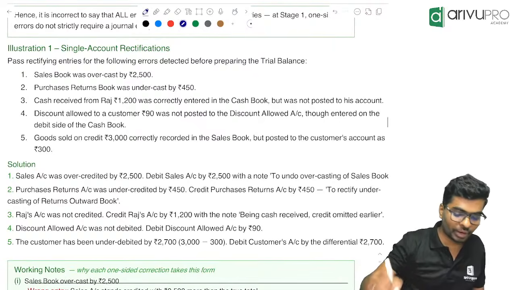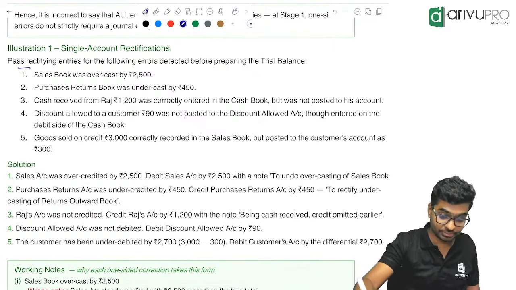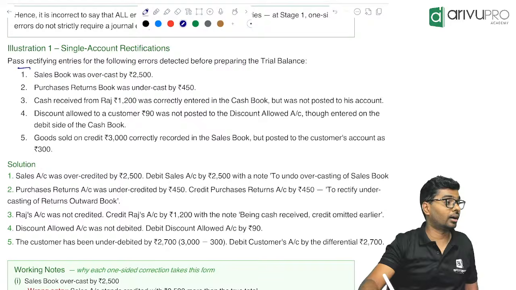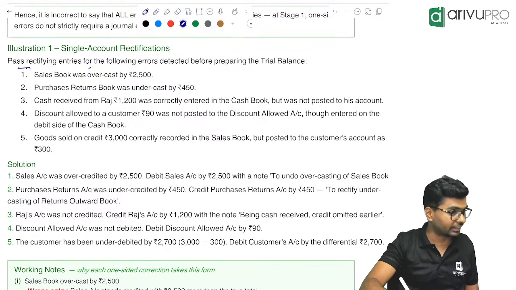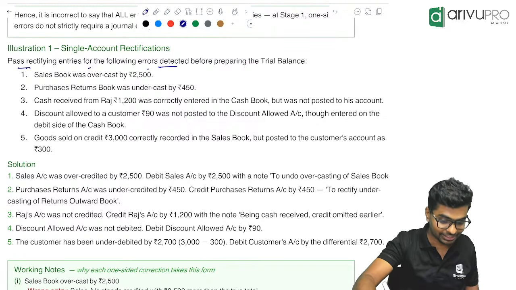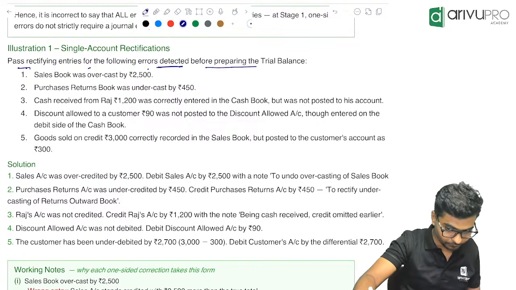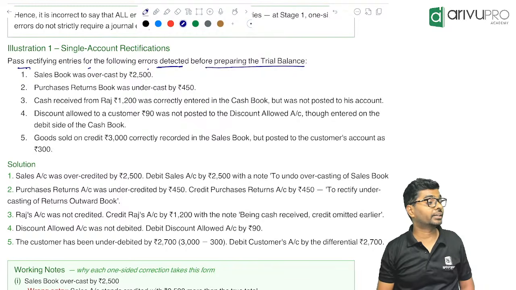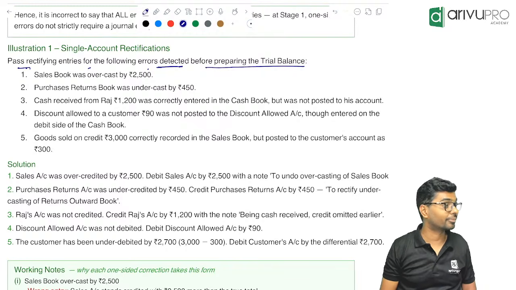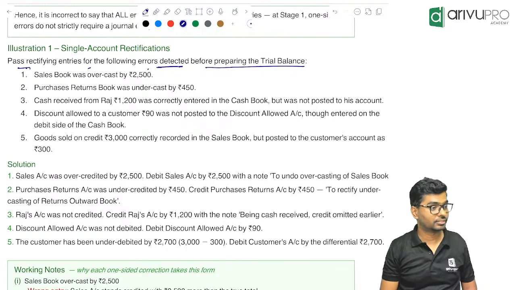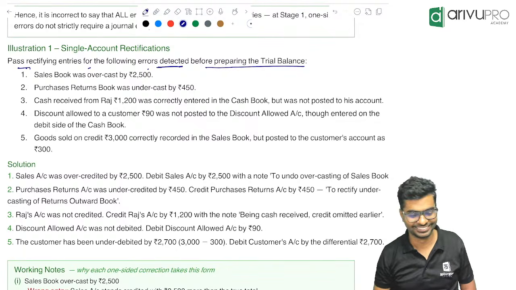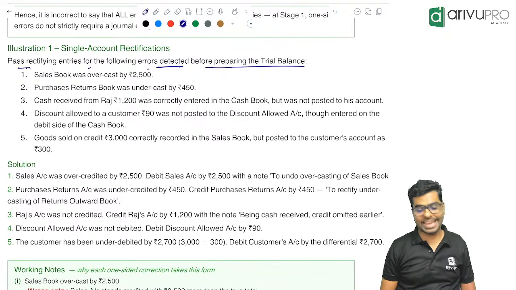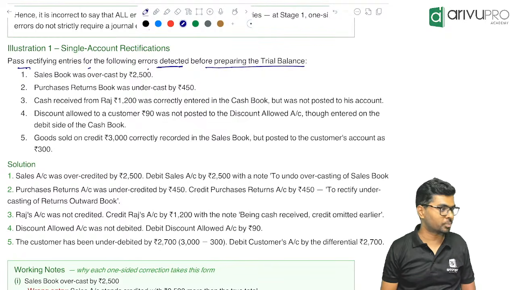Now see one by one. We'll do these 5 questions. Our Nivash's doubt, we'll solve it now only. Pass rectifying entries for the following errors. Sales book was overcast by 2500.